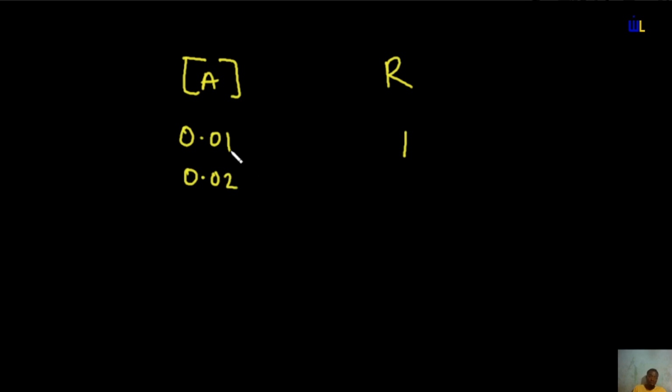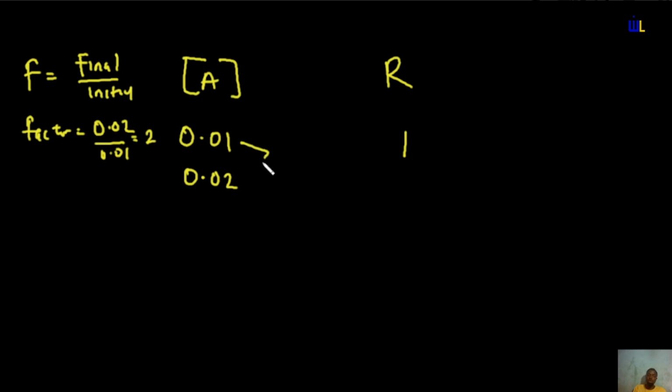It's simple: you divide the final by the initial. So the factor of increase equals the final value over the initial. Let's get the factor here: 0.02 divided by 0.01, which is 2. So the factor of increase here is 2. Now imagine the rate increases from 1 to 2. How do we get the factor of increase on this side? It's 2 over 1, which is 2.